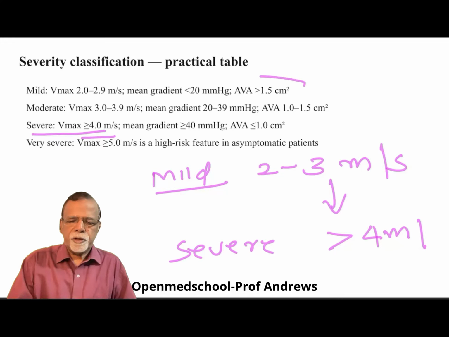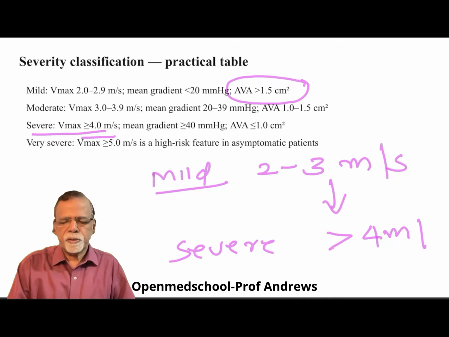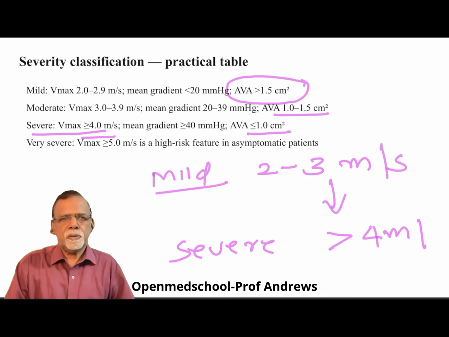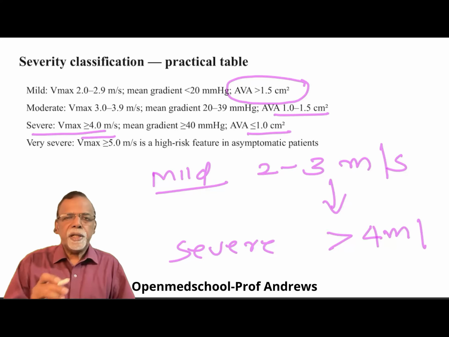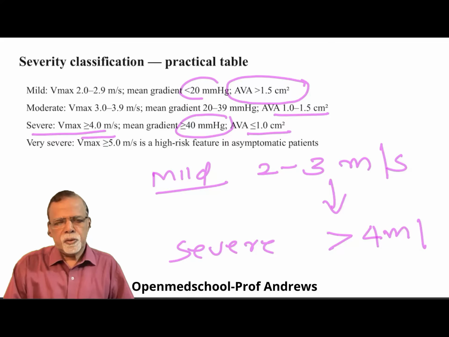Aortic valve area is something that you should remember. In mild, it is more than 1.5 centimeter square. In moderate, it is 1 to 1.5 centimeter square, and severe, it is less than 1 centimeter square. And the mean gradient, severe it is more than 40, mild it is less than 20. 20 to 40 will be moderate.